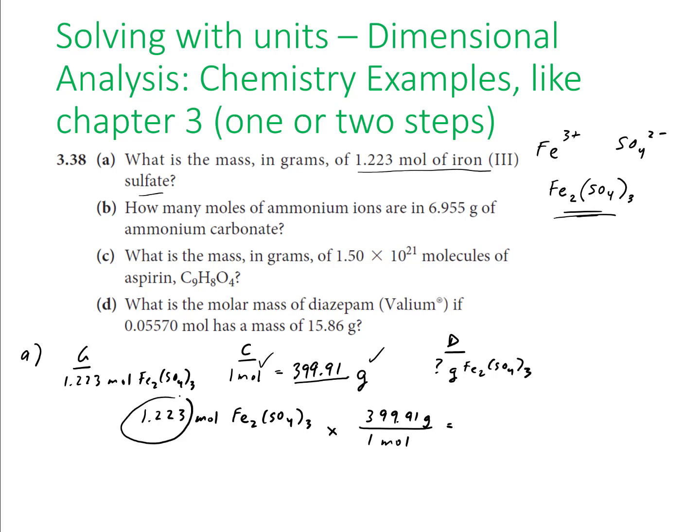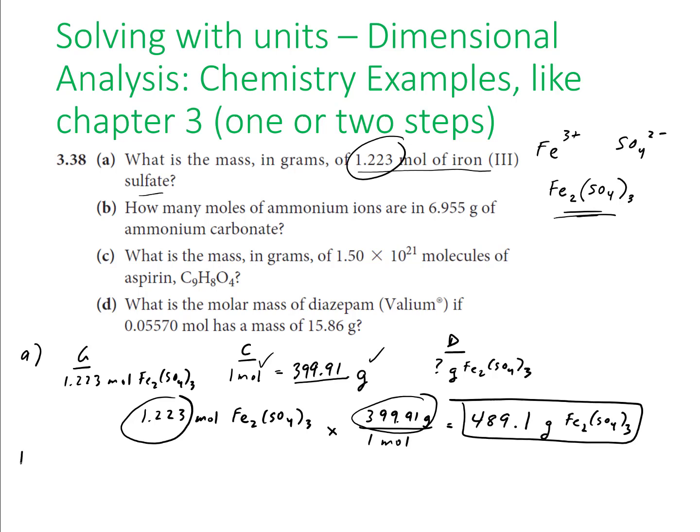I should have 4 sig figs. It's always the number they give you that limits your sig figs. So I should have 4. Your molar mass should go 1 more than the number they gave you. That's why I went all the way out to 5. Okay, so I'm going to write 489.1 grams of Fe2(SO4)3. Box your answer.